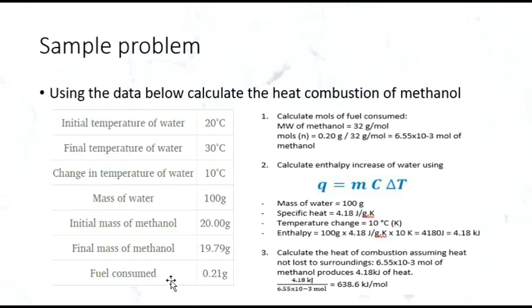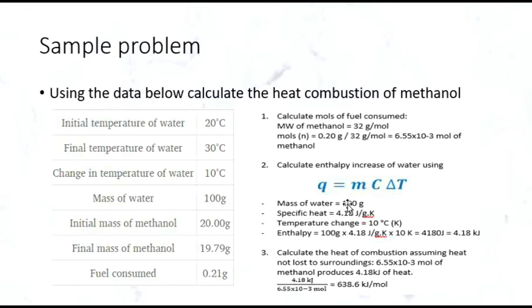Now that we got that, let's calculate the enthalpy increase of water using, remember the equation, MCΔT. Q is for heat, M is for mass of water, which is 100 grams, C is for the specific heat, which is 4.18, and then change in temperature, which is 10. All you need to do is plug and play and multiply everything.